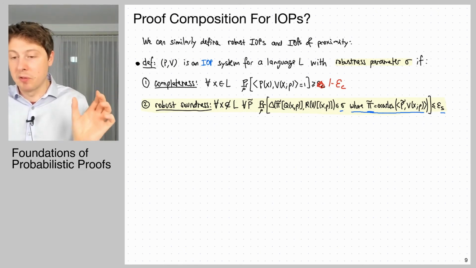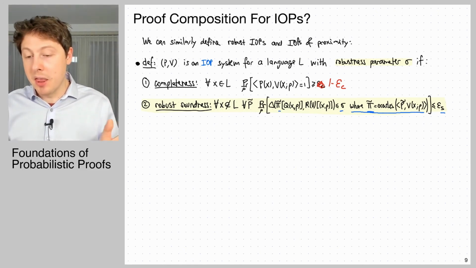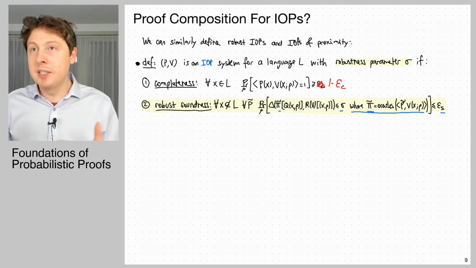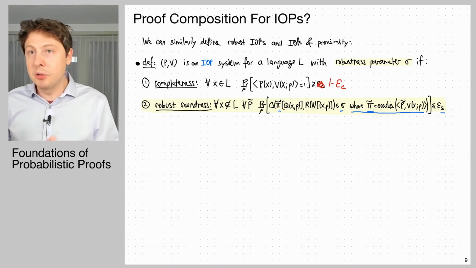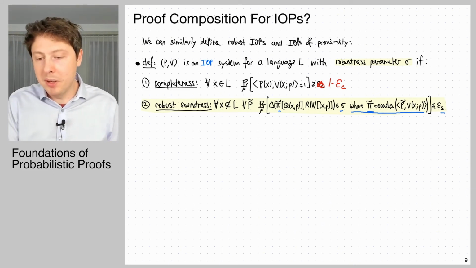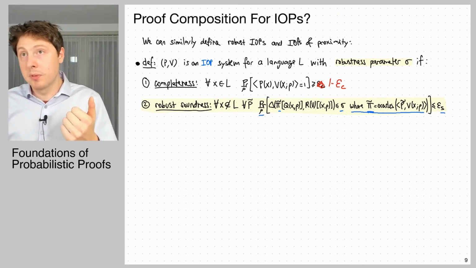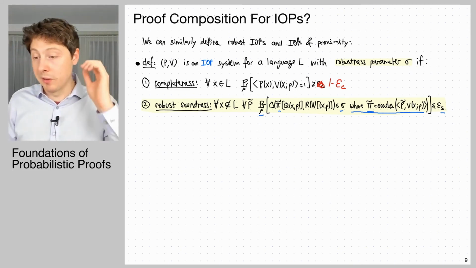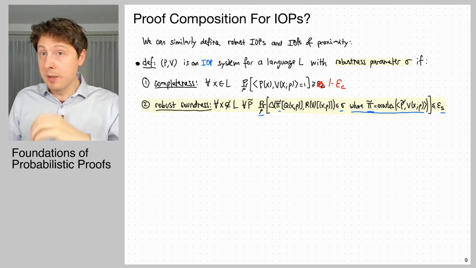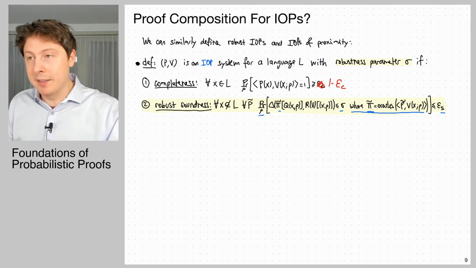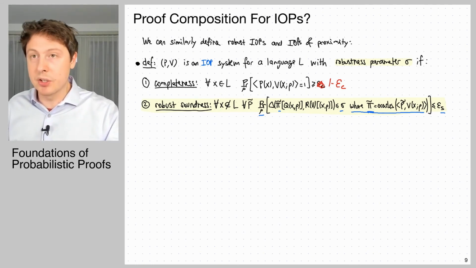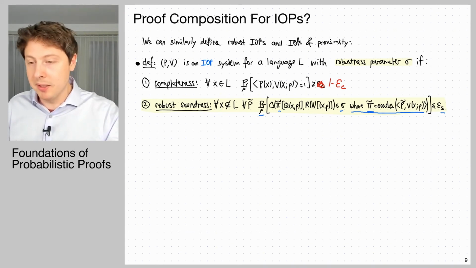Before, we were just letting pi tilde be the PCP. These are just the PCPs accumulated during an interaction. And the probability is taken over the whole randomness of the verifier. So it's a very compact and, I think, clear generalization of a robust PCP to a robust IOP.